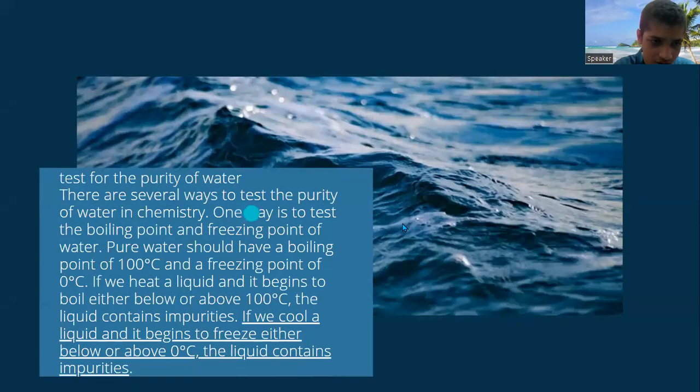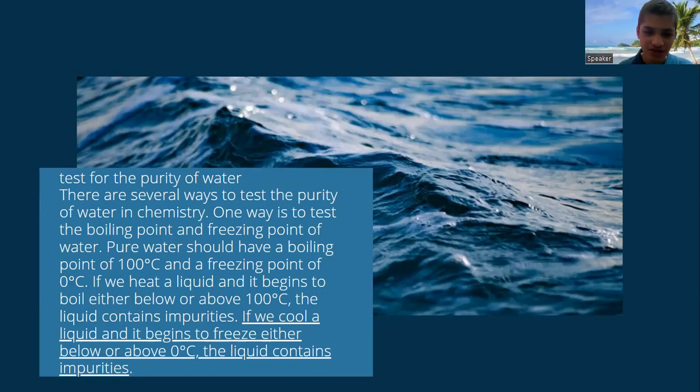Okay. And now the test for the purity of water. There are a lot of ways in chemistry to test the purity of water. One way is to boil and to freeze the water. The boiling point of water is 100 and the freezing point is 0, so pure water should boil at 100 and should freeze at 0.